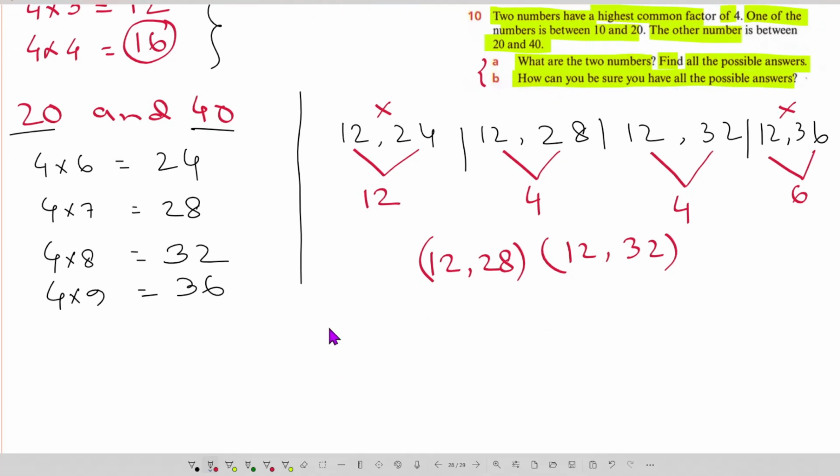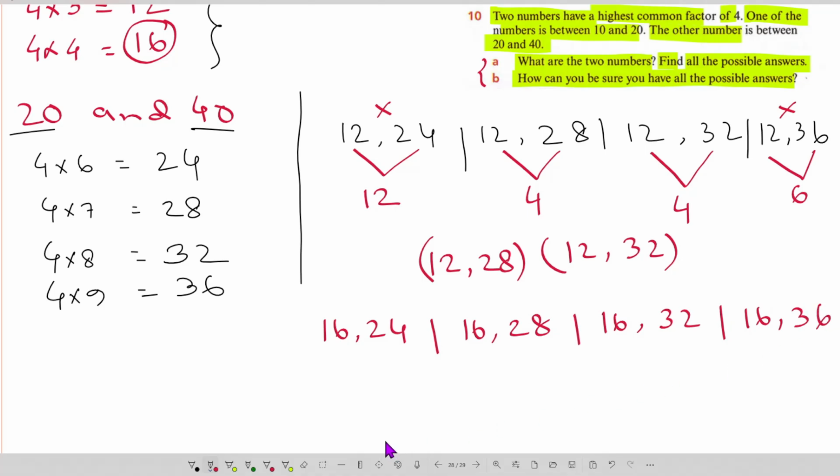So first one 16, 24, then 16, 28, then 16, 32, then 16, 36. So what about 16, 24?